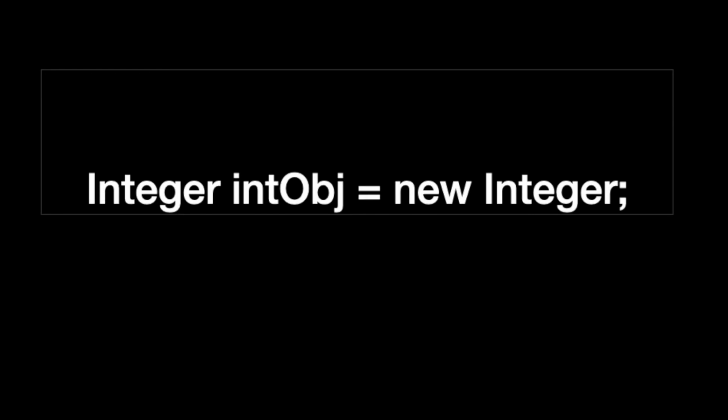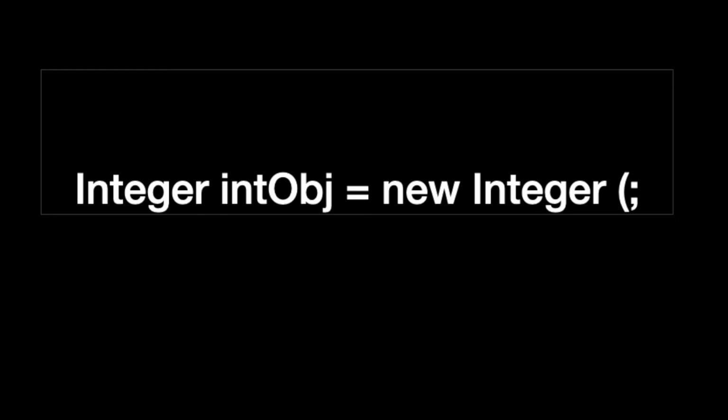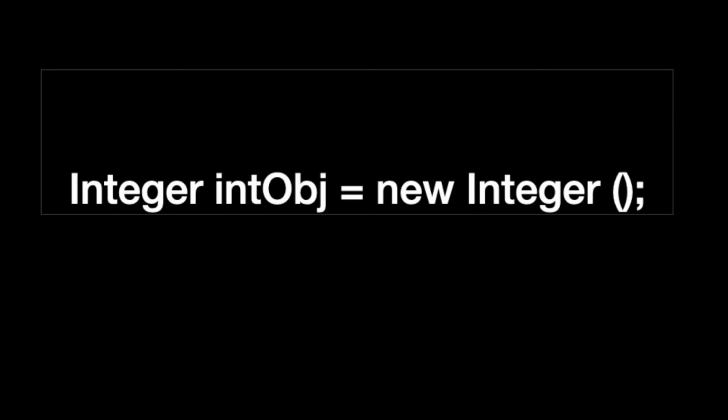Now let's suppose we had a constructor that accepted a value. We would use this exact same format, but this time we would go back and right behind the Integer, we would do parentheses. And inside of these parentheses or this parameter, we would enter a value. And for the sake of this example, I'm going to enter the number 50.